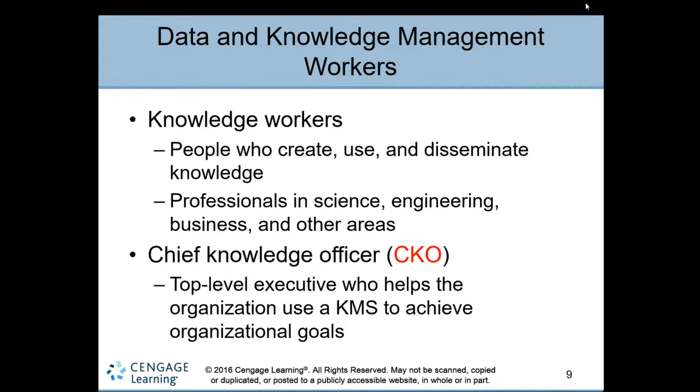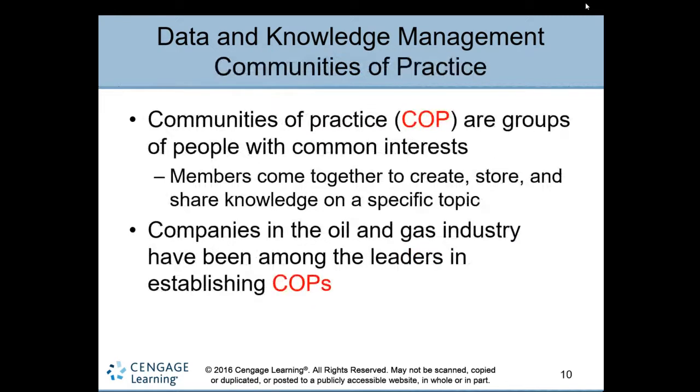He is a top-level executive who helps the organization use a KMS to achieve organizational goals. This is a person who always sustains the business objectives by sharing his knowledge, and by looking at how the organization utilizes these KMS. He is responsible for sharing information and decisions with the chief executive officers.